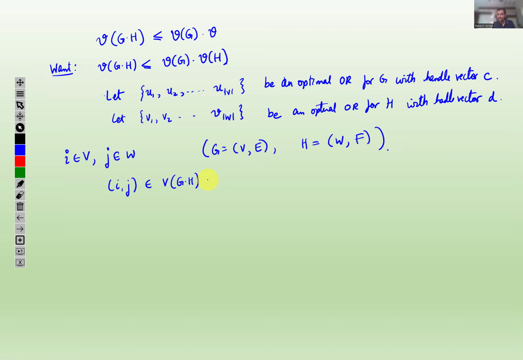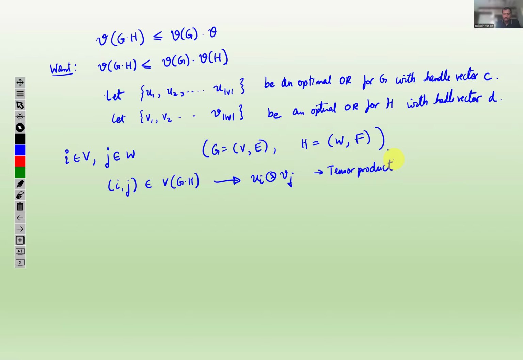Can someone give any suggestions? It has to do something with cross products, but in the vector world, what would you replace that by? So yeah, the suggestion came: you replace it by a tensor product. So now you take the tensor product of u_i and v_j.